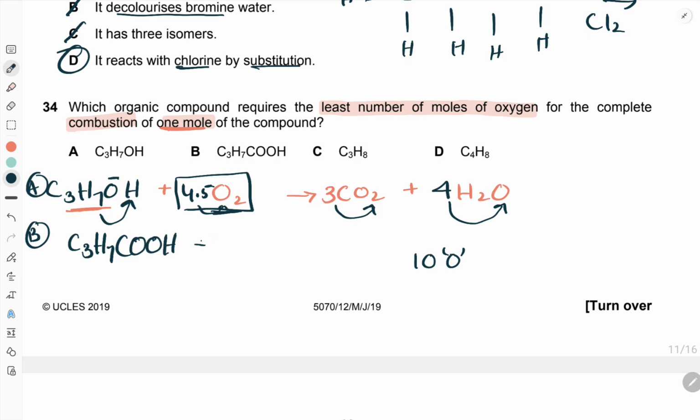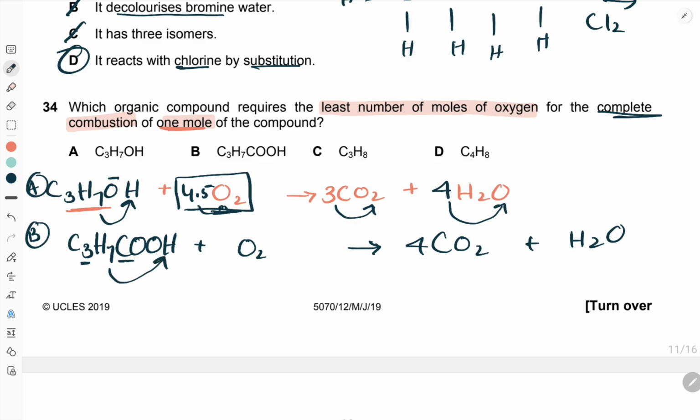C3H7COOH reacts with oxygen, and when you react it with oxygen, you again get CO2 and water. Complete combustion definitely produces CO2. Let's balance the carbon. This has 4 carbons, so I will write 4 with this. This has 7 and 1, so 8 hydrogens, so it has 8 hydrogens now. Let's balance the oxygens.